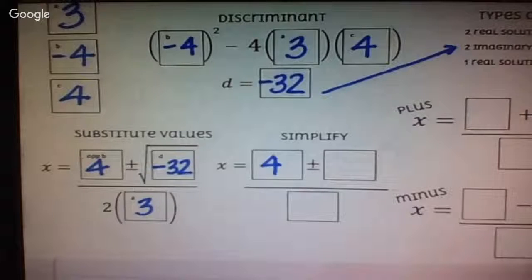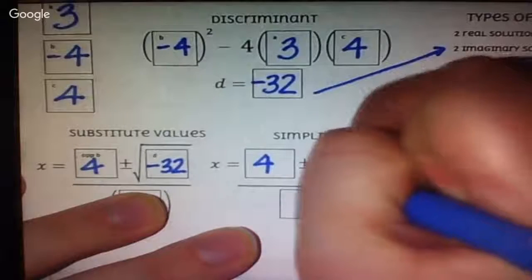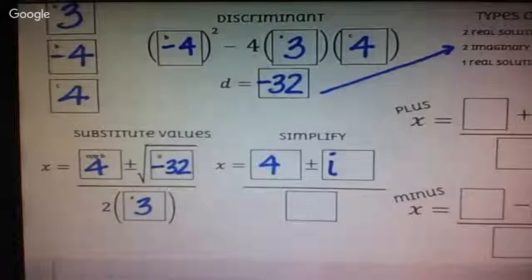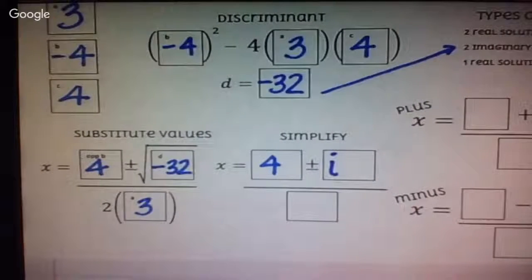Okay, so listen. We could technically get into some hardcore stuff, but we don't need to get that depth into it. So all I need you to know is when you take the square root of a negative number, that negative becomes I. I stands for imaginary.